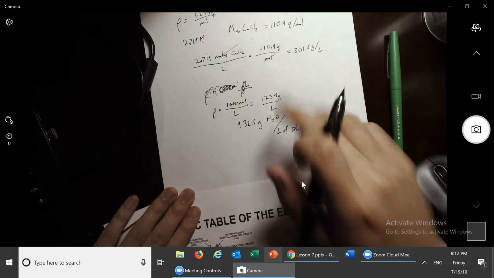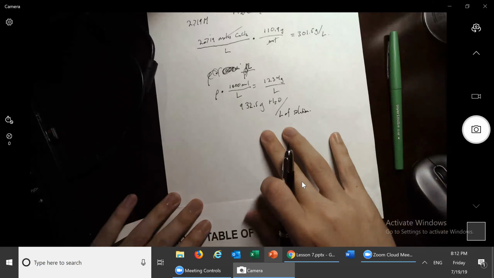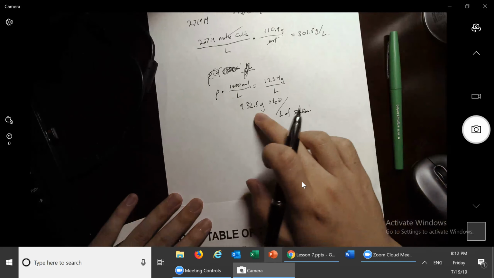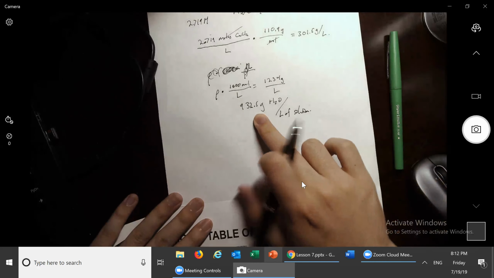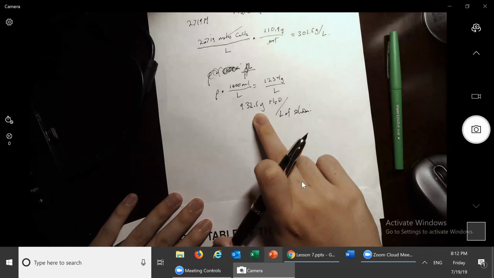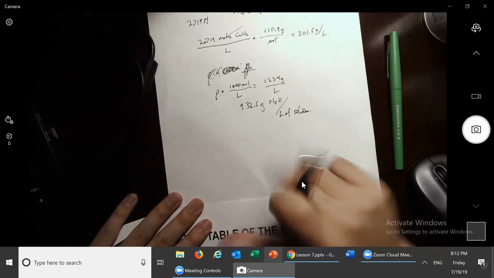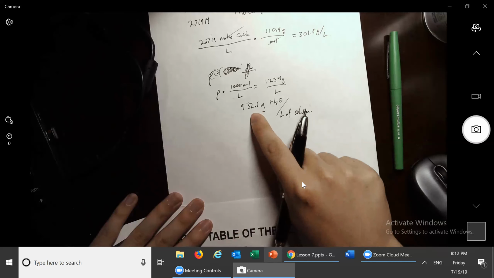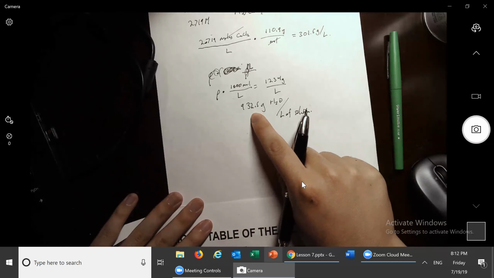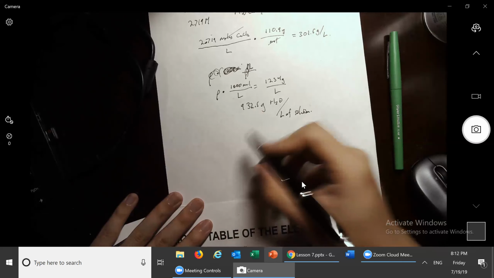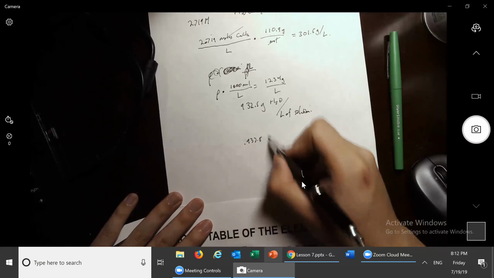Now we want to calculate molality, which is based on kilograms. So can someone convert this to kilograms? Great. So 0.9325 kilograms of solvent.